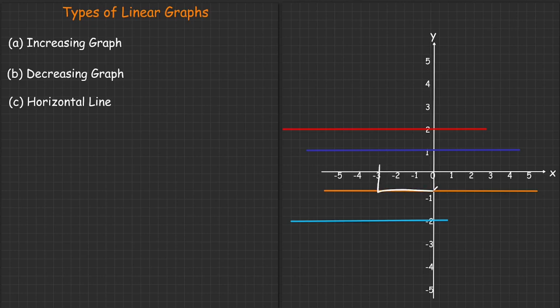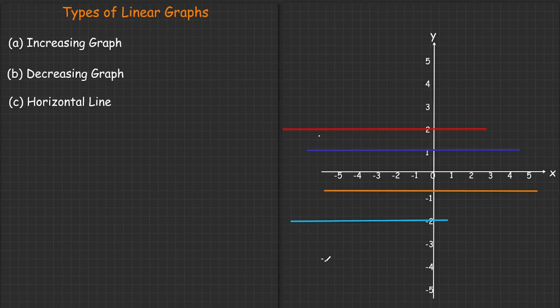X being -3, y still remains just as it is, and it appears for all. That is the characteristic feature of a horizontal line. The y stays constant and it doesn't change. We can say there is no change in output. These are the 3 types of graphs we need to take note of.